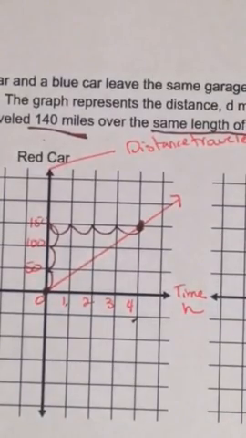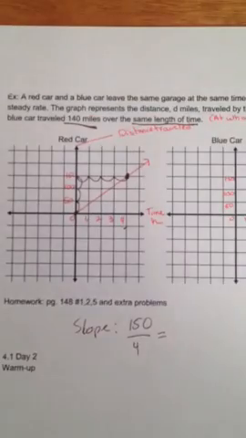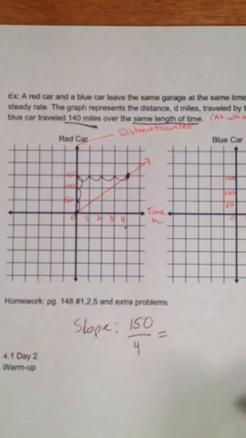150 over 4, which I can reduce. Oop, you guys can't see that. Okay. So the slope is just 150 over 4, rise over run, and then I can reduce that. Now, if you're just thinking off the top of your head, you can do it however you want, or you can use a calculator if you so desire.